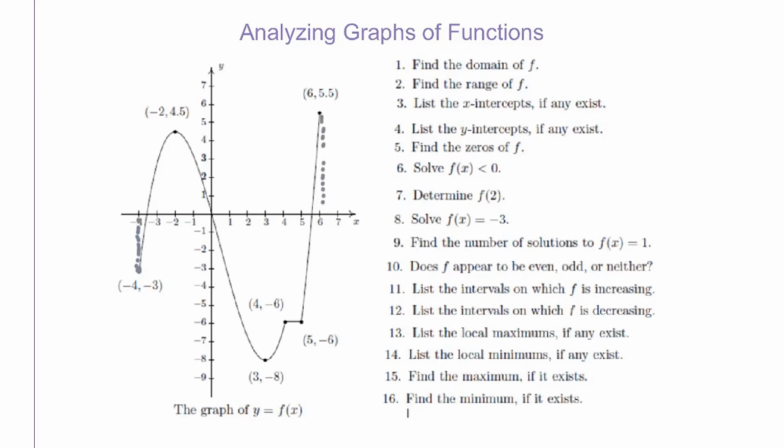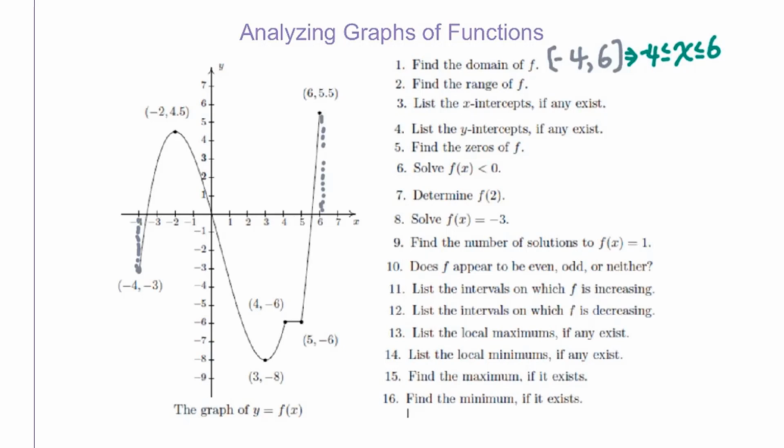I need the x coordinates, so we got -4 and 6. We use interval notation to show the domain. Basically, this is the meaning of this interval: x will be between -4 and 6.